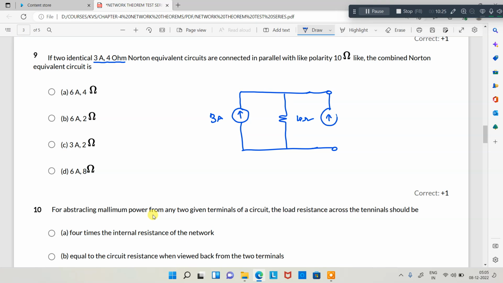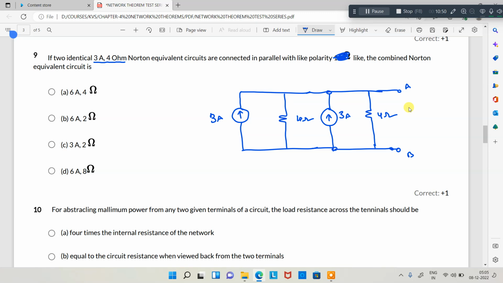One more 3 amperes, and here 4 ohms. Okay, this is what is given. So with like polarity, the combined Norton's equivalent circuit is what they're asking, between these two terminals.